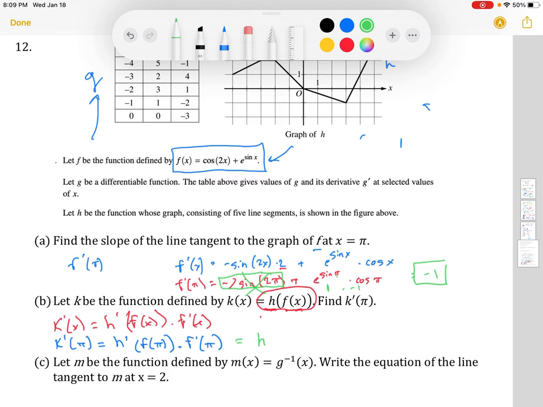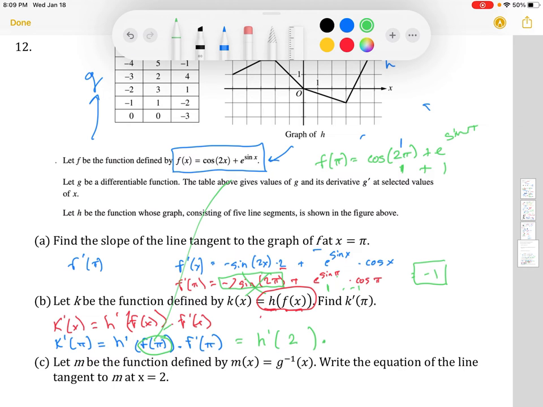So I have h prime of, let's get f of pi. Let's go back up to the top. So f of pi is equal to cosine of 2 pi plus e to the sine of pi. Cosine of 2 pi is 1 plus e to the sine of pi is 1. So this is 2. That's f of pi.